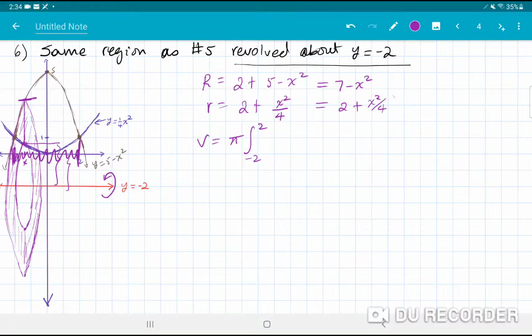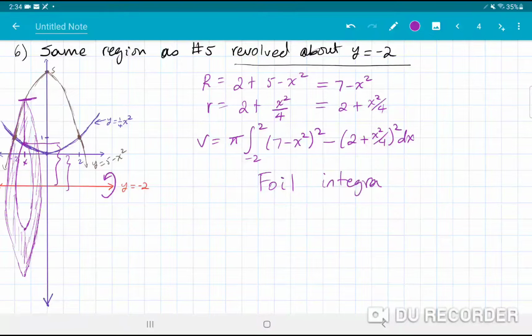So we're taking the integral from negative 2 to 2 of big R squared, 7 minus x squared quantity squared, minus little r squared, 2 plus x squared over 4 quantity squared, dx. We're going to have to FOIL this and integrate. I'll just give you the final answer here. The final answer you're going to get is 112 pi.